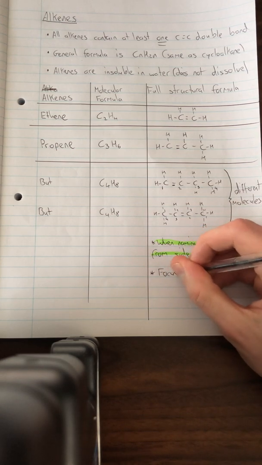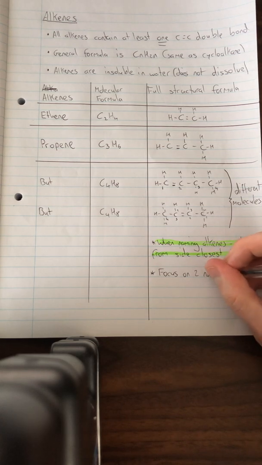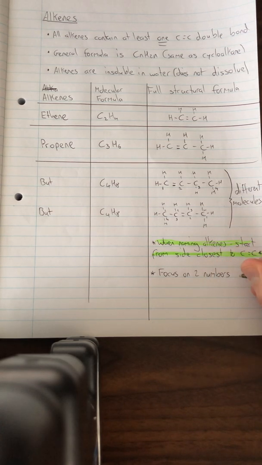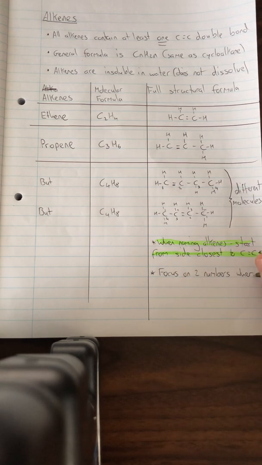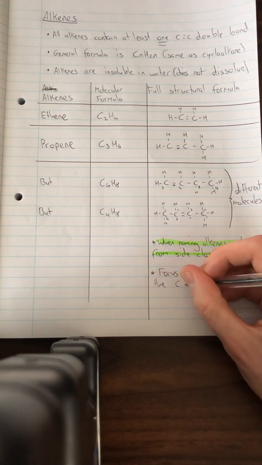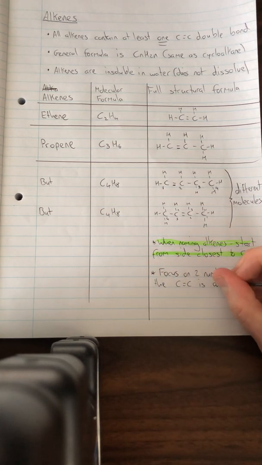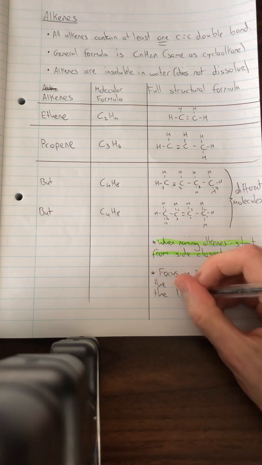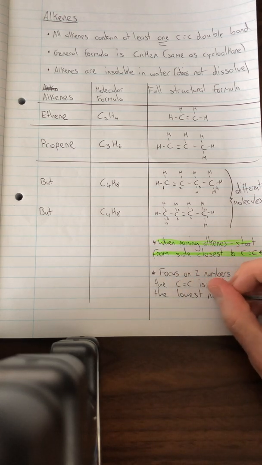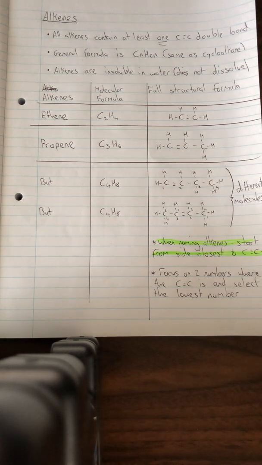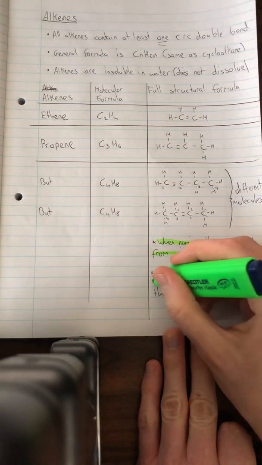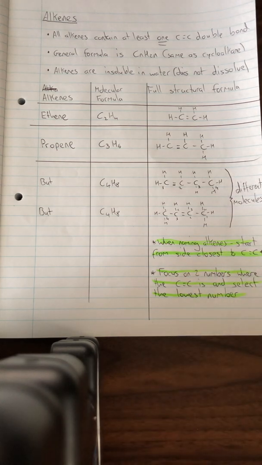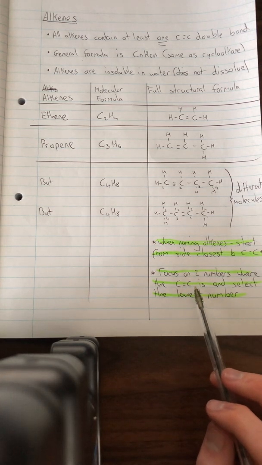Focus on the 2 numbers where the carbon to carbon double bond is, and select the lowest number. Okay, so that again is a very important rule. What we mean by that, we focus on the 2 numbers where the carbon to carbon double bond is and select the lowest number.